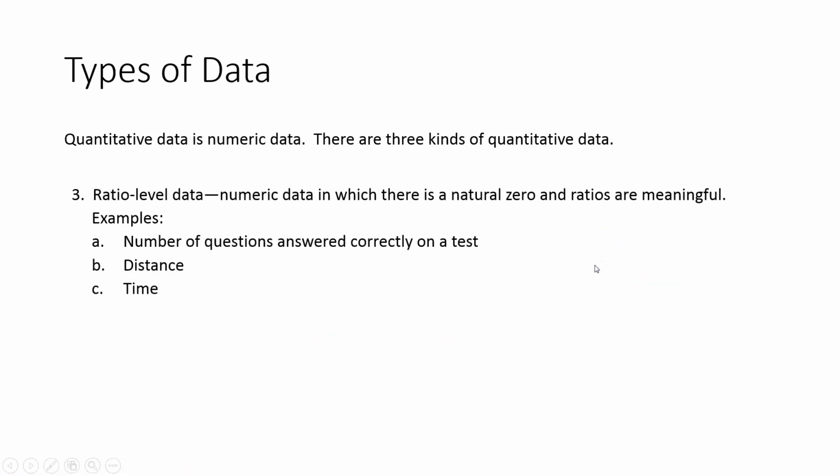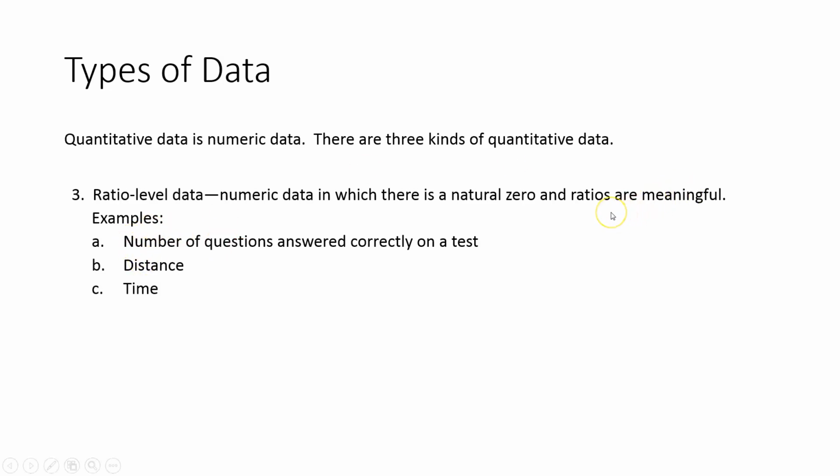Finally, let's talk about ratio level data. Ratio level data gives us the most information. There is a natural 0, something like the number of questions answered correctly on a test. If that is 0, that means that you answered 0 questions correctly on a test.